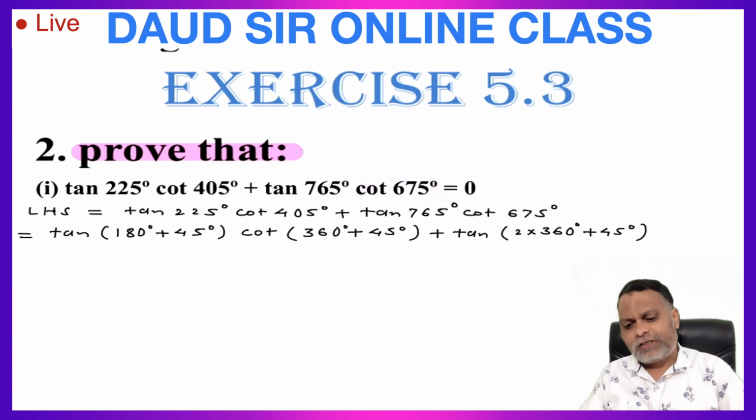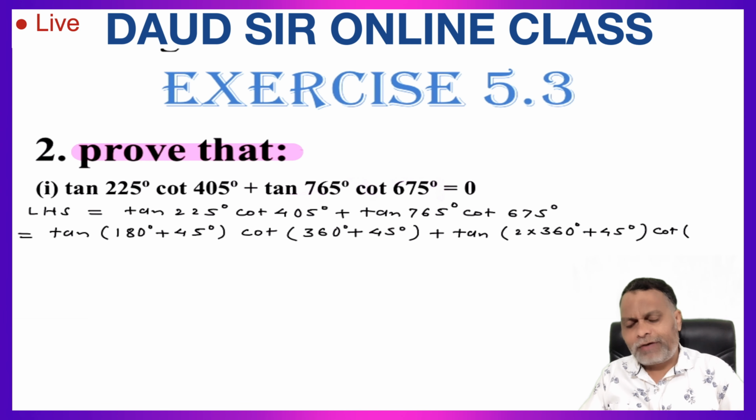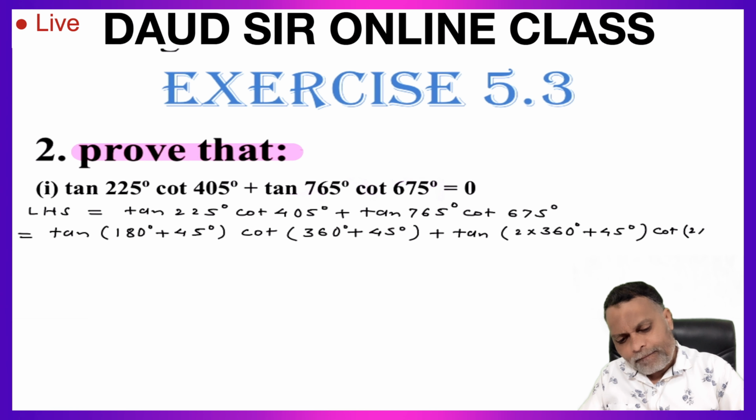So 720 plus 45 is equal to 765, and cot 675 can be written 2 into 360, this is 720 minus 45 degree.